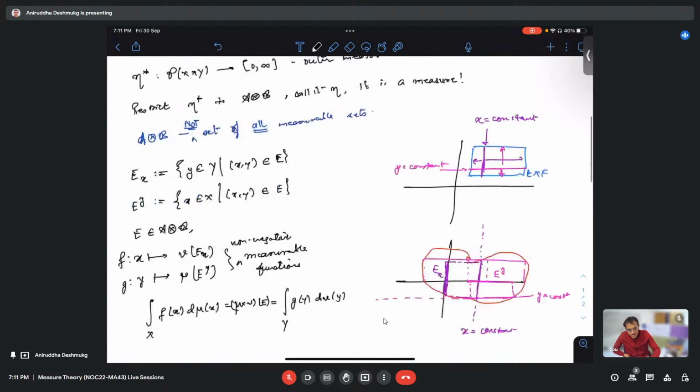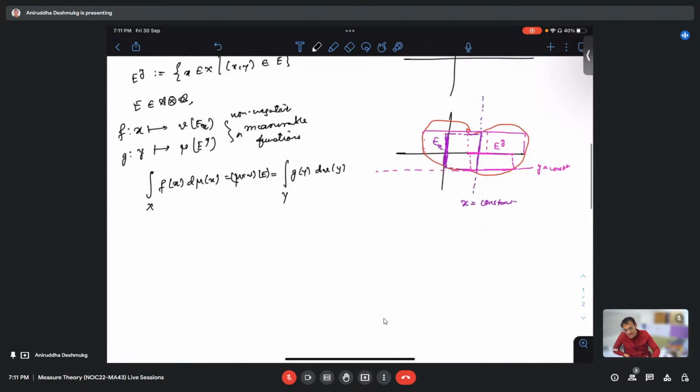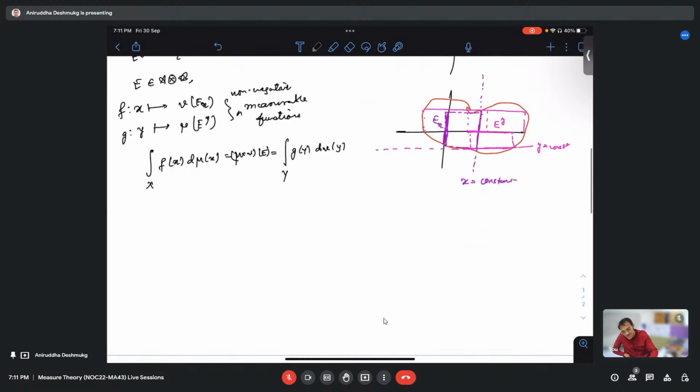Okay. But here, one of the basic assumptions is that both these measures are sigma-finite measures. Otherwise, we cannot proceed. If one has gone through the proof of this, we first prove it for finite measure spaces, where we assume that both measure of X and measure of Y are finite.